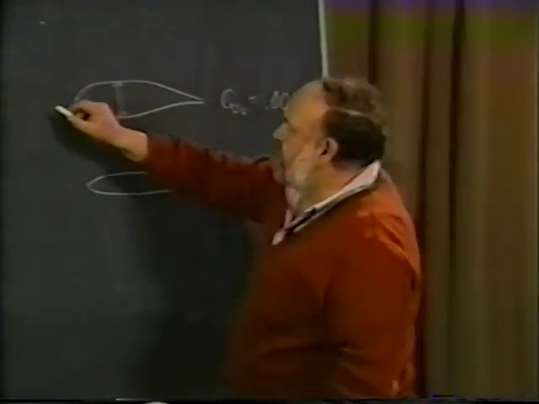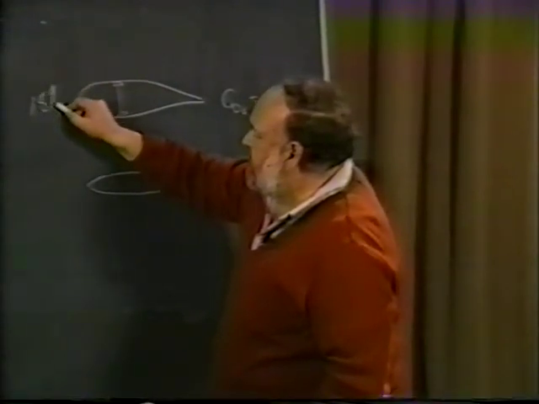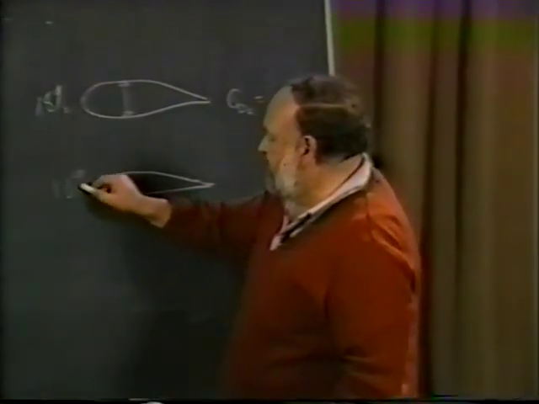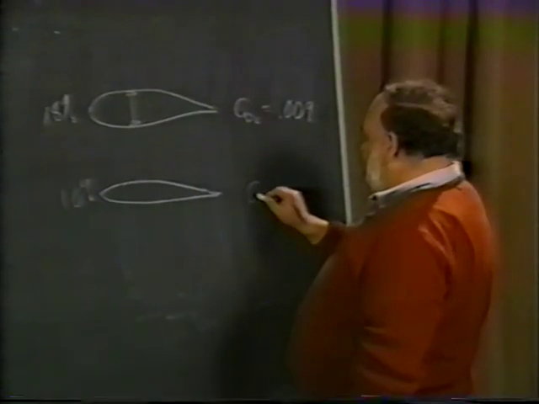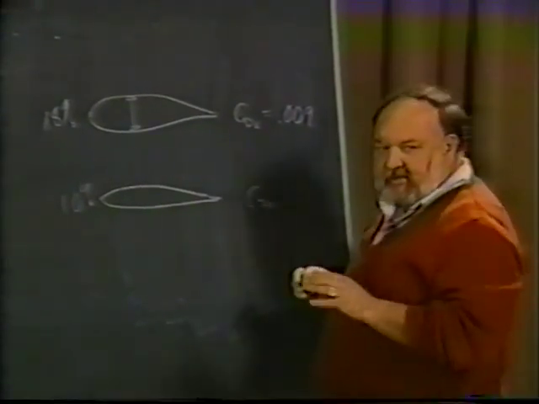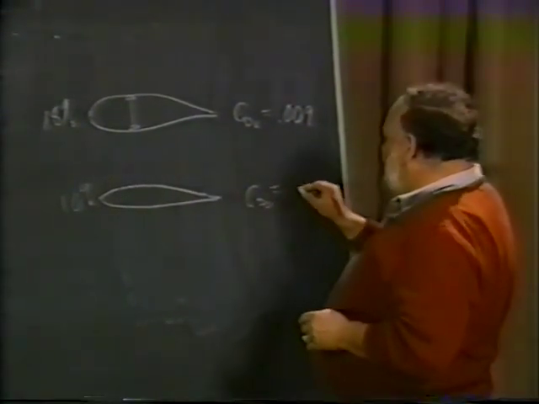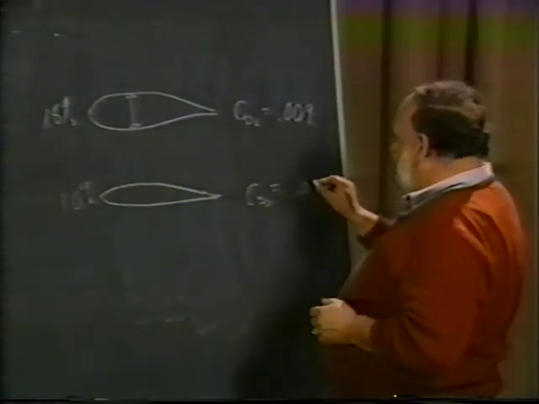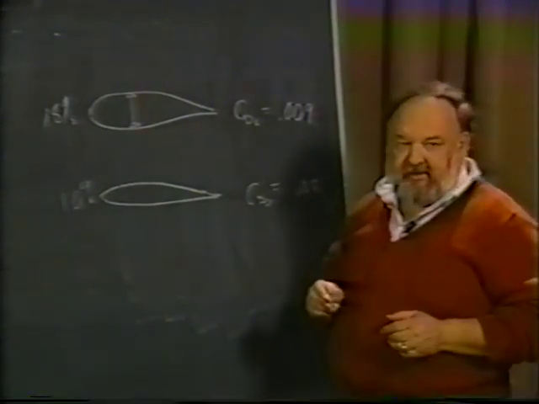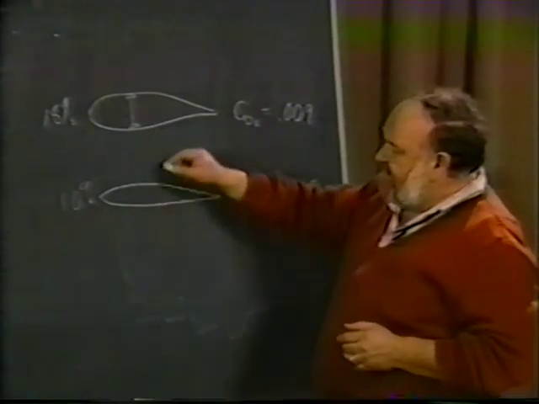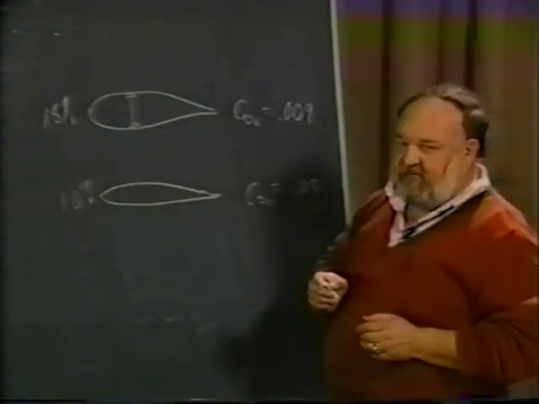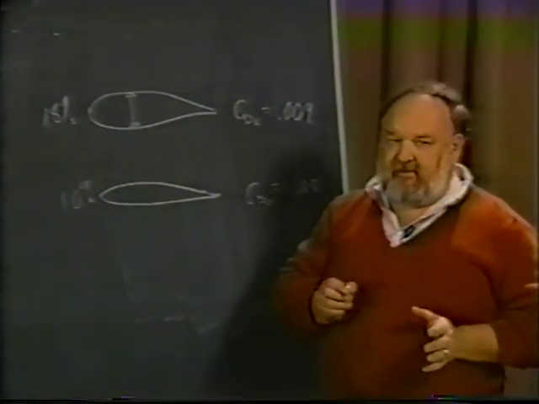If it's 10%, again, we'll make that 18%, and we'll make this 10%. These are just relative numbers. These aren't exact numbers, but you might get down to 0.08 even, not much lower than that. So the difference in being able to use a relatively thicker airfoil section is something to really consider important.